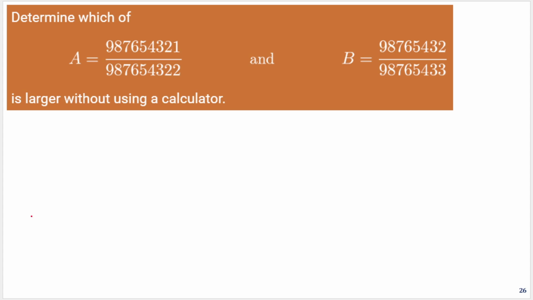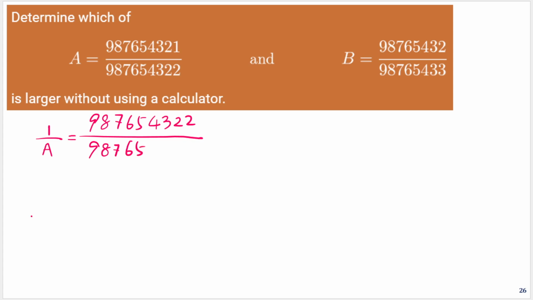Well, so here we can use a trick to compare A and B. So if you can't directly find A and B easily without using a calculator, usually we can take their reciprocals, right? So the reciprocal of A gives us this number here. And this is very easy to calculate, right?